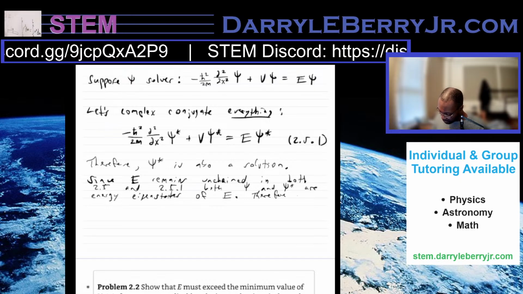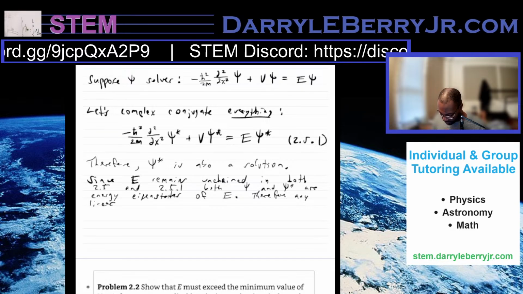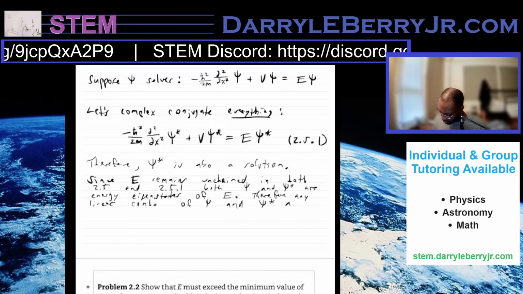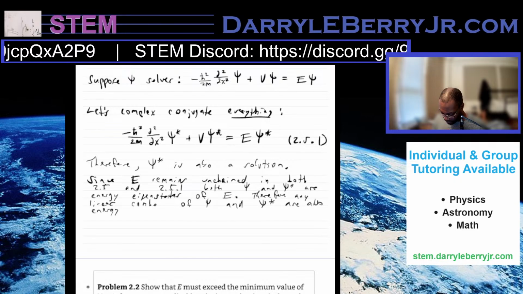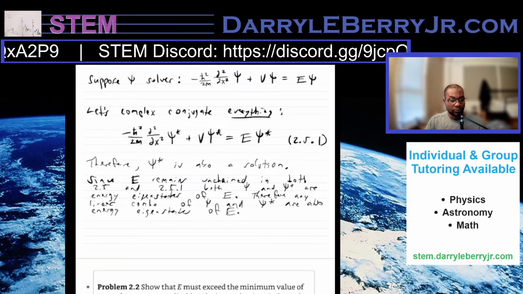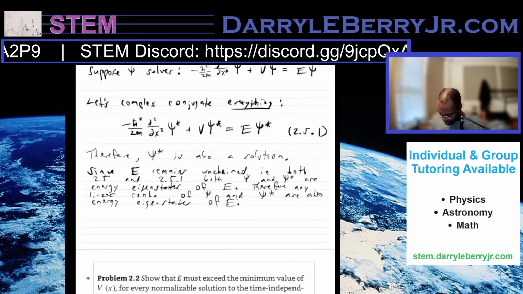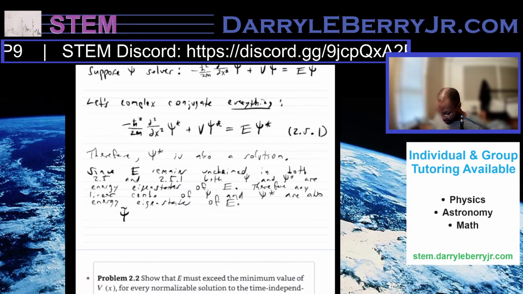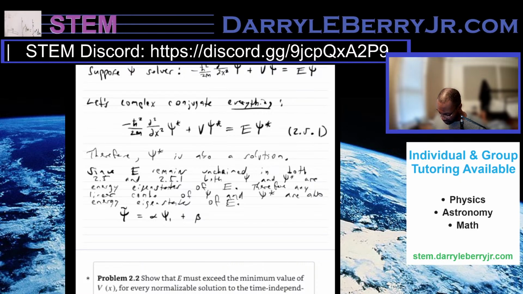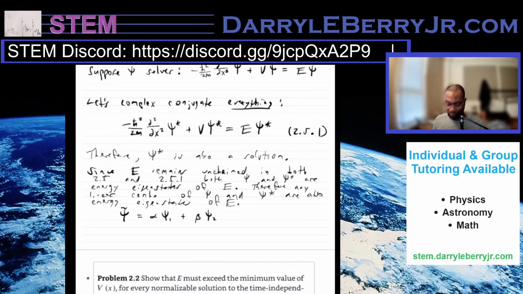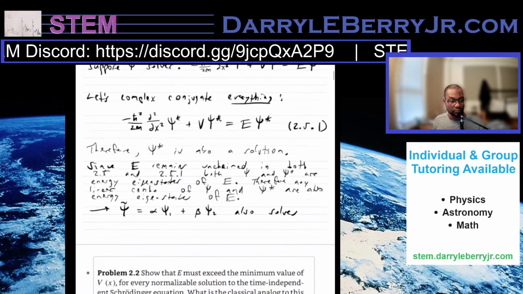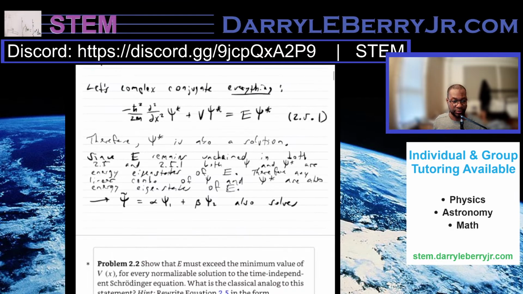Therefore, any linear combination of psi and psi star are also energy eigenstates of E. So psi tilde, as the solution calls it, equals alpha psi 1 plus beta psi 2, also solves with the same energy.